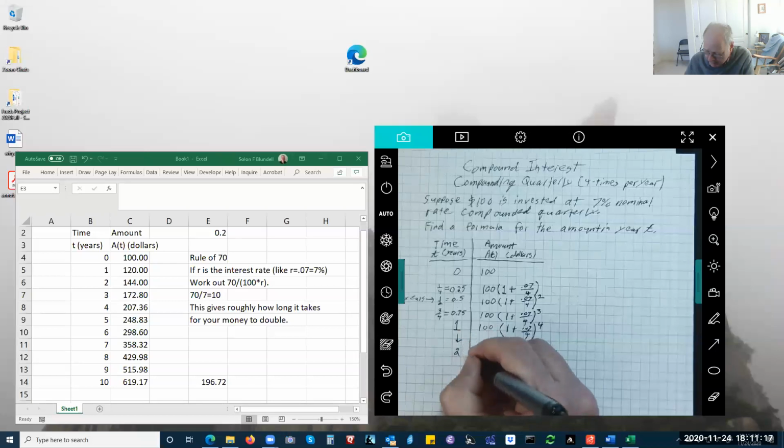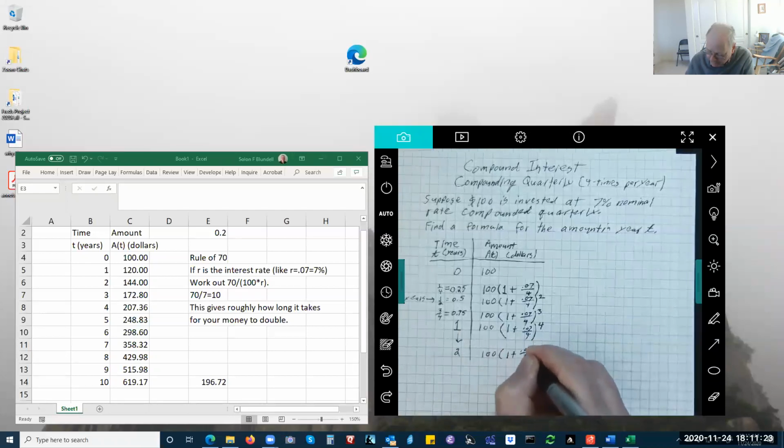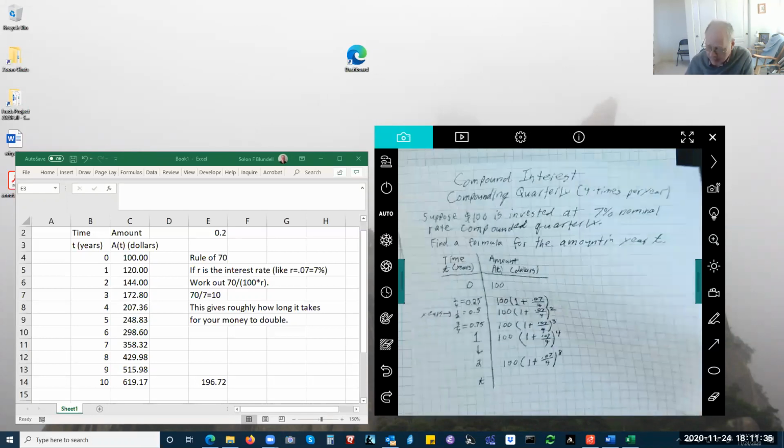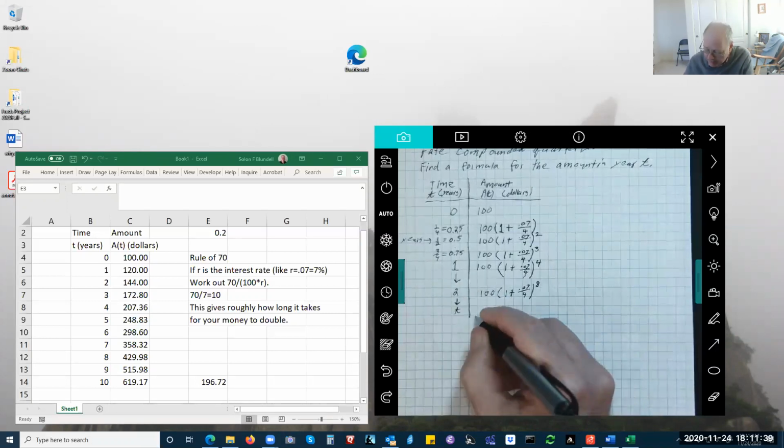So you come down to 2 years. And by then you've gotten interest 8 times. Keep going, however long you want to go after T number of years.